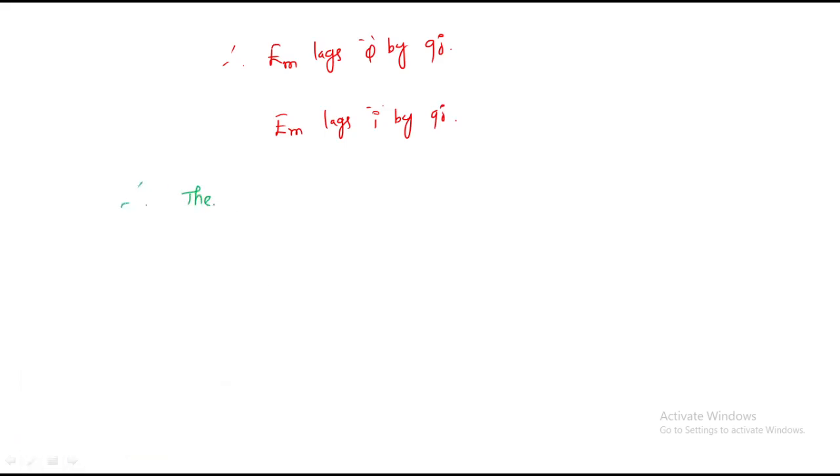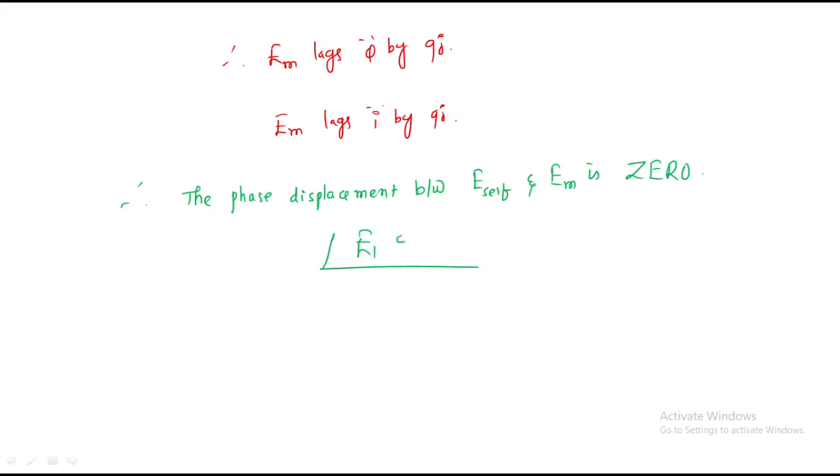Therefore the phase displacement between E self and E mutual, that is E1 and E2, is 0 degrees.